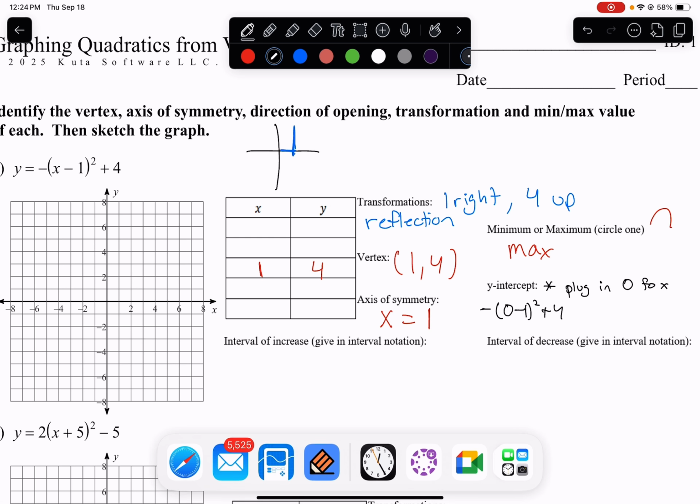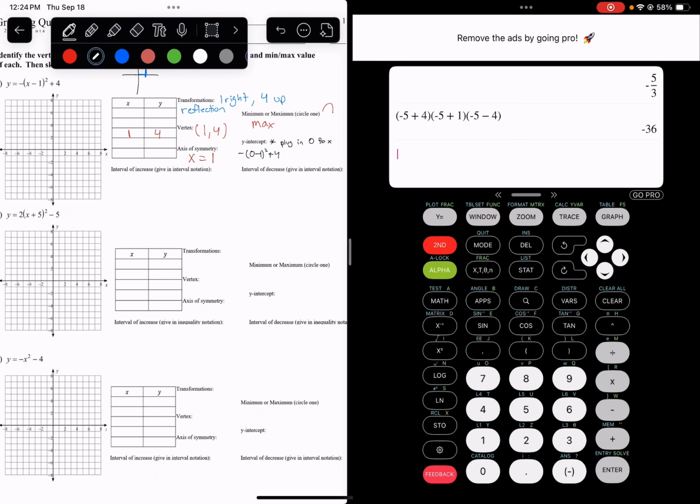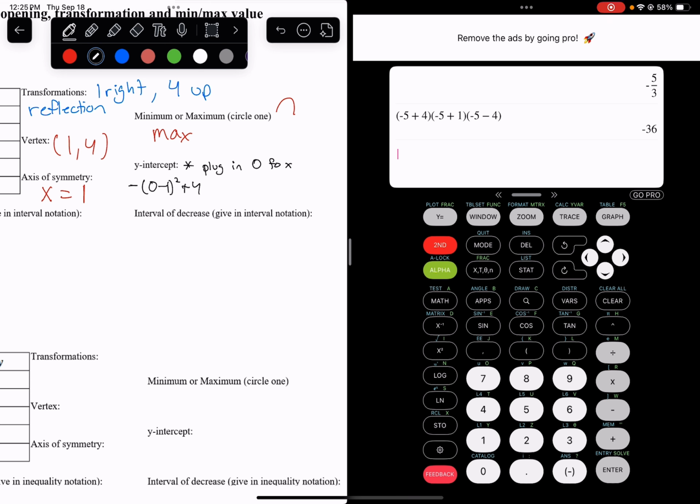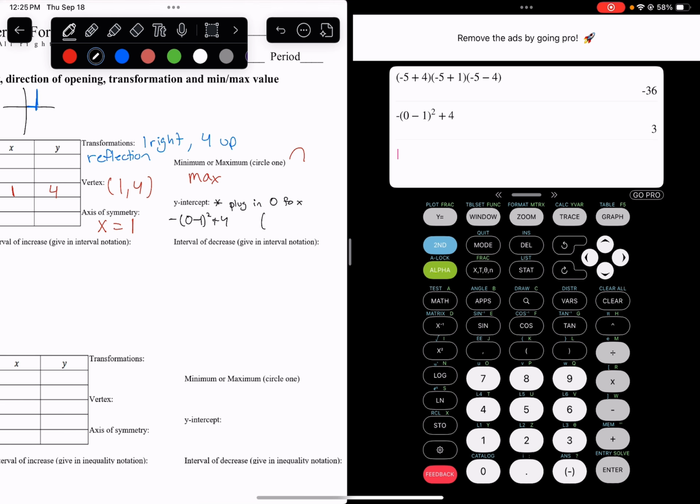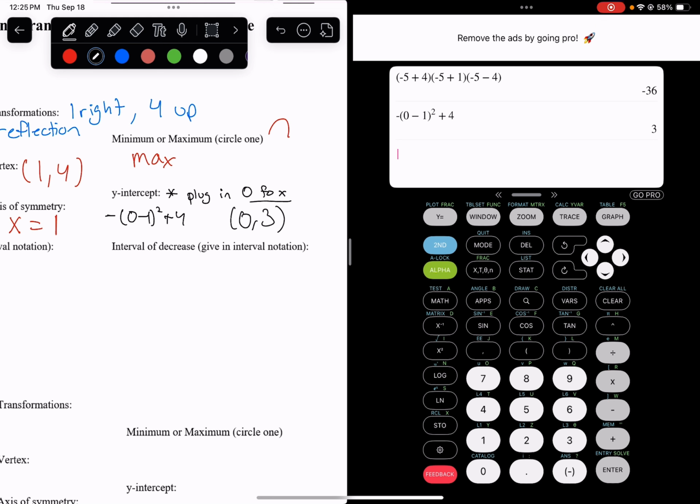I go to my calculator and do negative, open parentheses, 0 minus 1, squared, and then plus 4. When I do that, I get 3. So my y-intercept is going to be 0, 3. Your y-intercept is always going to be 0, something. You have to plug in 0 for x and see what your output is.